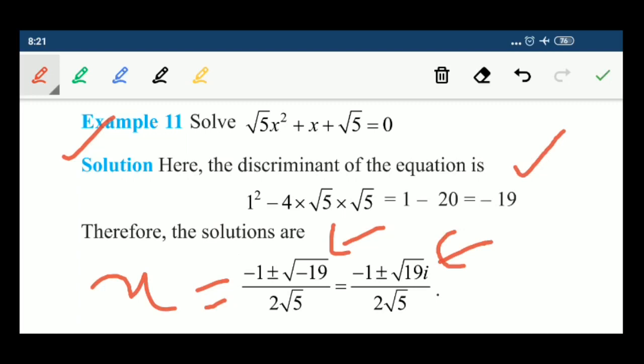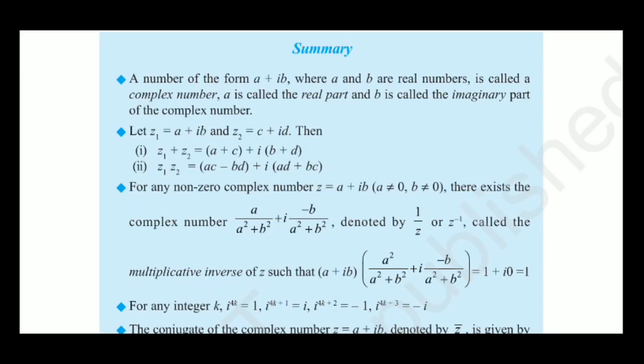With this topic we have completed our chapter 5. Once again, now I am going to discuss what we have done in this chapter. See the summary of this chapter.